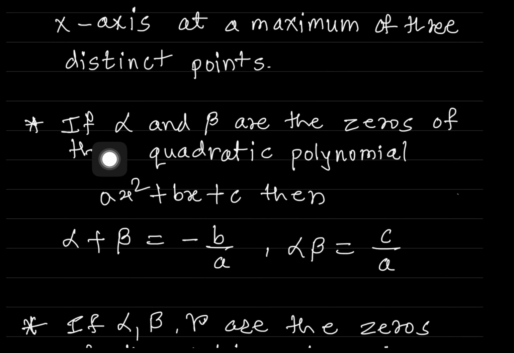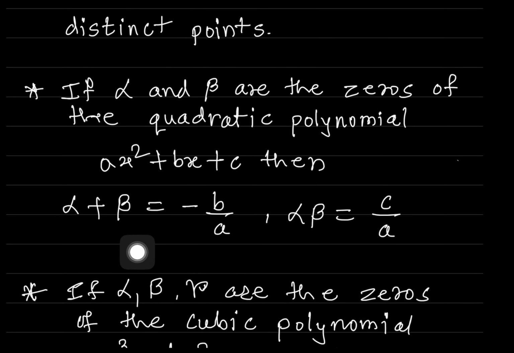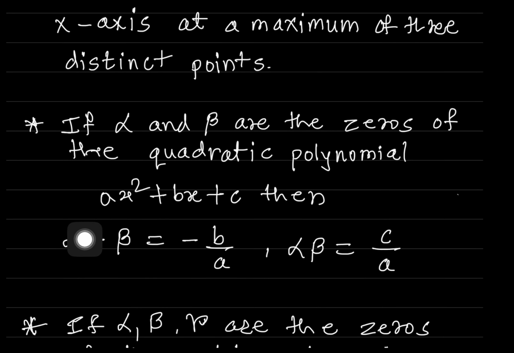Now, if alpha and beta are the zeros of the quadratic polynomial ax square plus bx plus c, then alpha plus beta equal to minus b upon a, and alpha beta equal to c upon a. These formulas you will use in exercise 2.2.